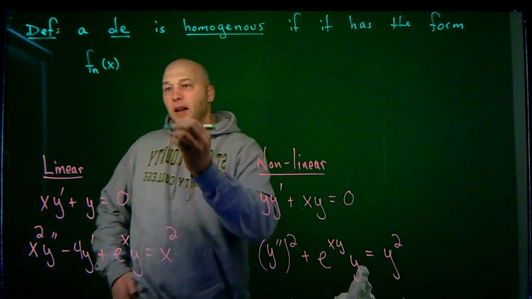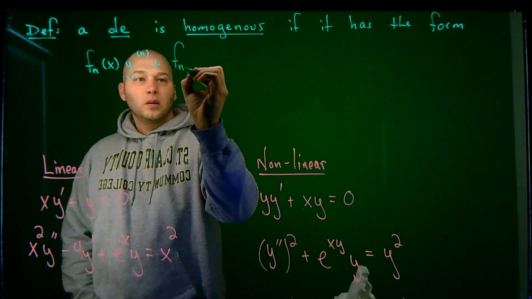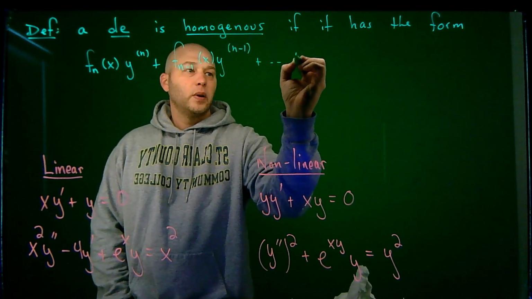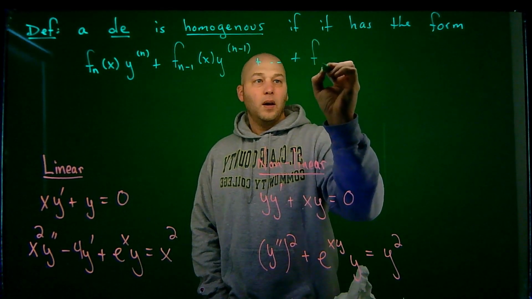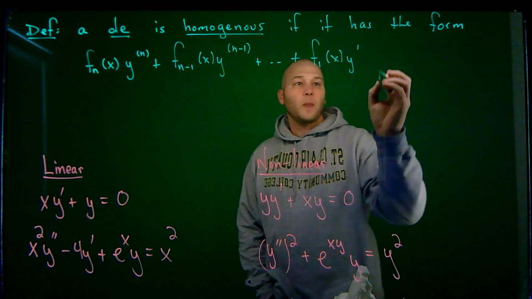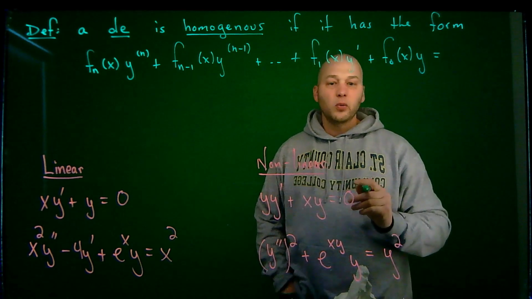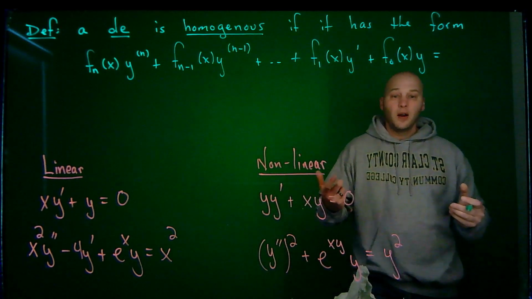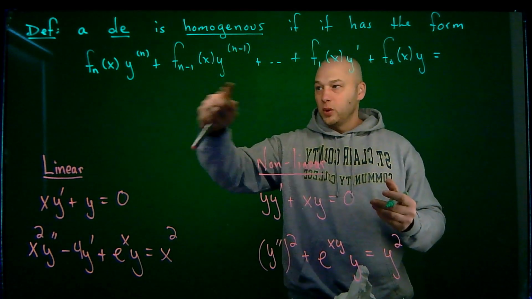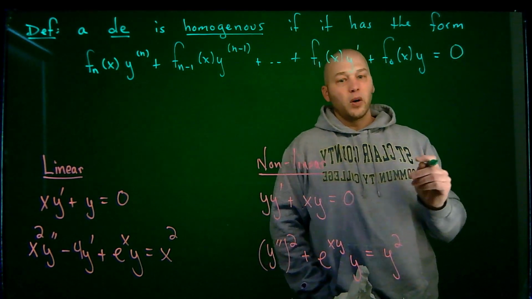Let's say I've got fn x, y, nth derivative, plus next term, plus all the way down to f1 x y prime, plus f naught y is equal to, here's what I have within my differential equation so far. Y coefficient in x, y prime coefficient in x, and then up to whatever the order of the differential equation is equal to 0. So in other words, there's no g of x.